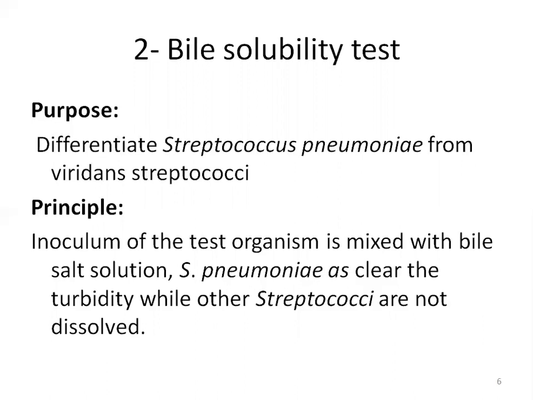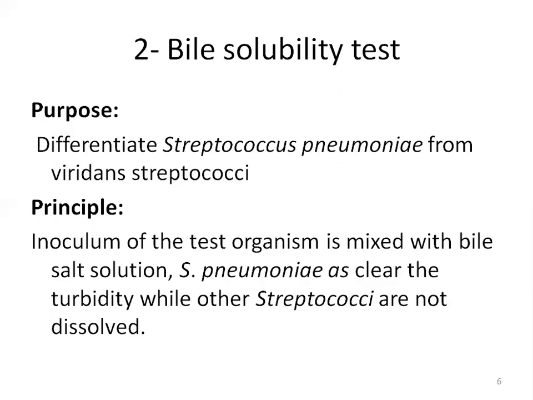The principle behind this procedure is that the inoculum of the test organism is mixed with the bile salt solution, which can already be prepared, and then you will check the turbidity of the sample.